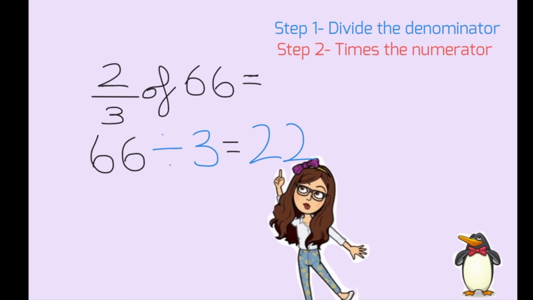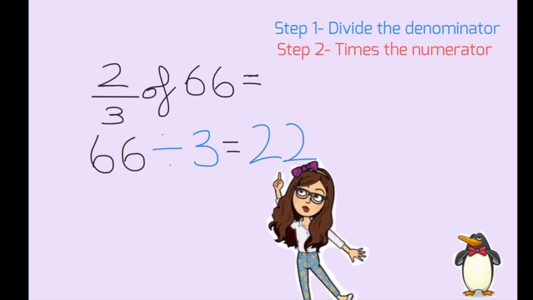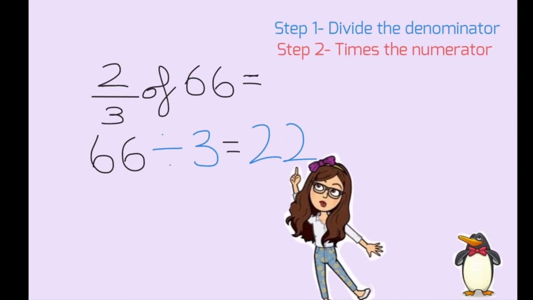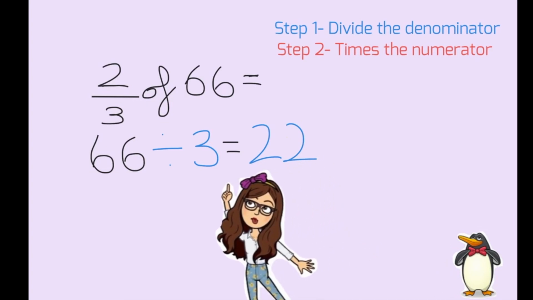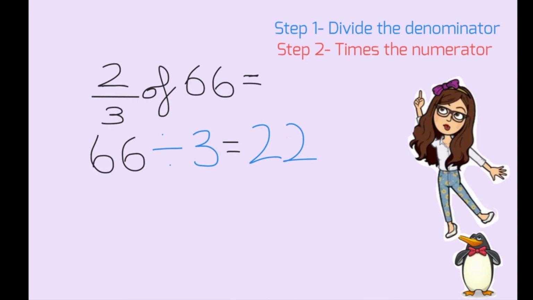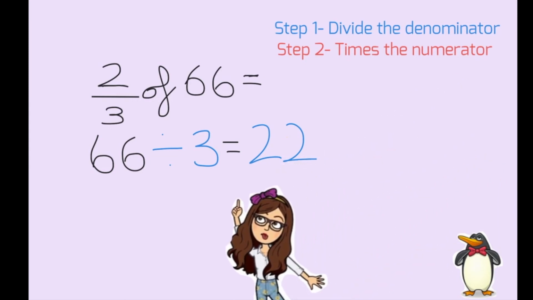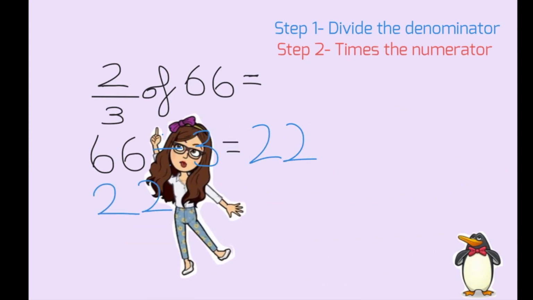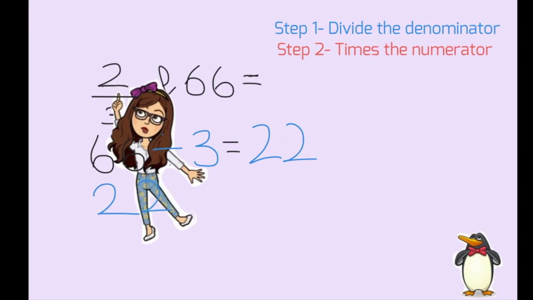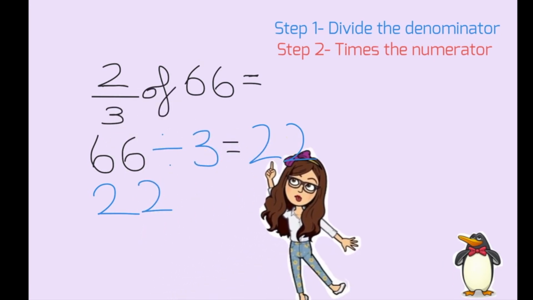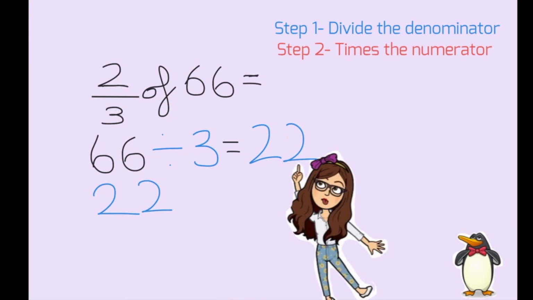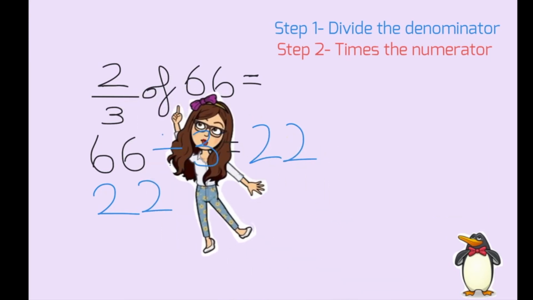Then I need to write down this answer. If I used my penguins for an example, I would have 22 penguins in each group. There would be 3 groups. So I need to write this number here. But I need to find out how many 2/3 is, because right now I figured out what 1/3 is. 1/3 would be 22, but I need 2/3 of 66.